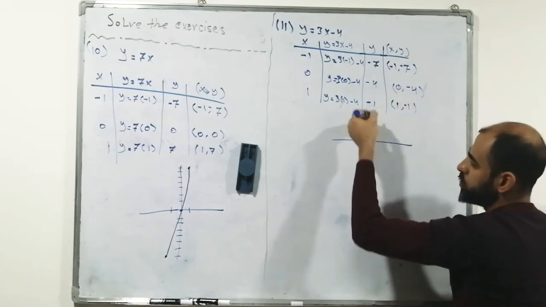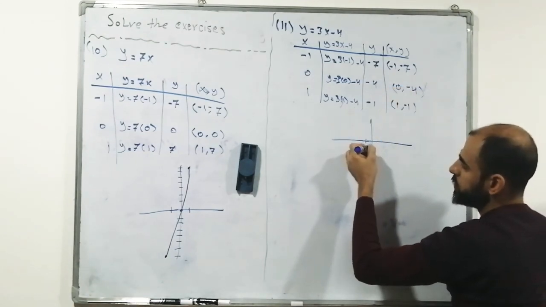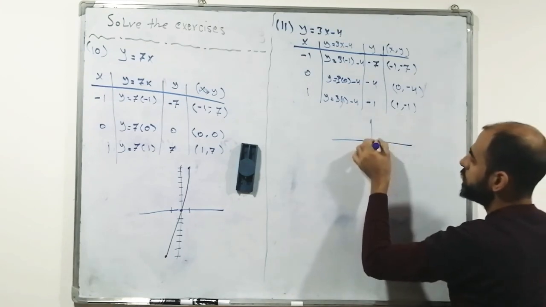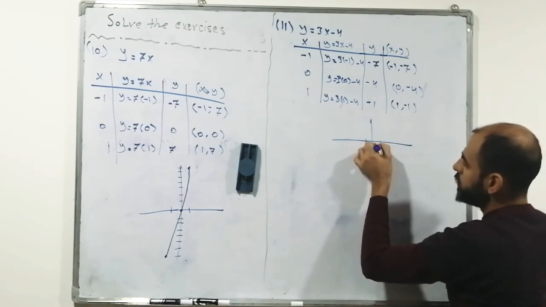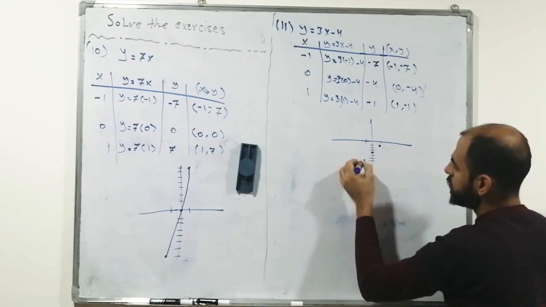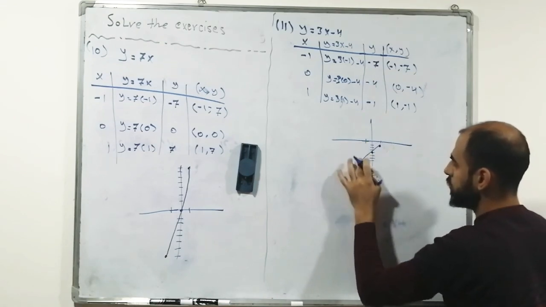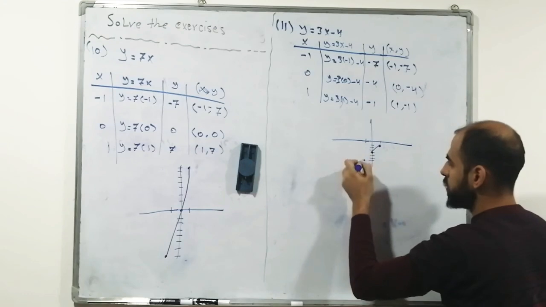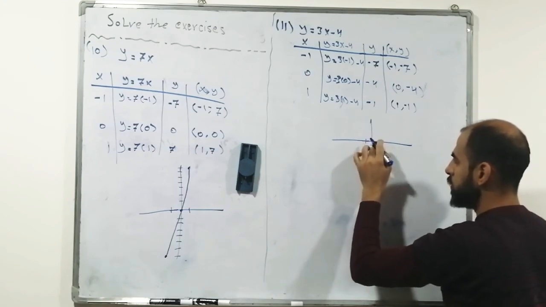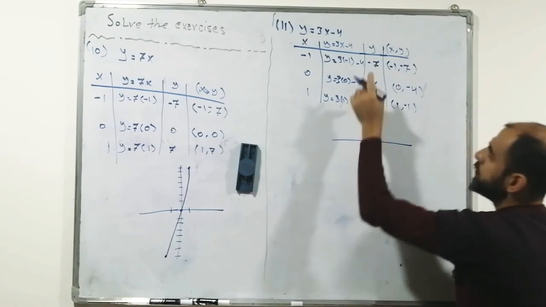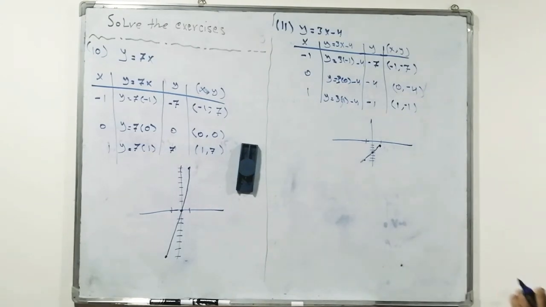And -4, so we go downward 4 steps: 1, 2, 3, 4. And (1, -1). So this is the sketch of the linear function y equals 3x minus 4. And question number 12 will be solved exactly the same way.